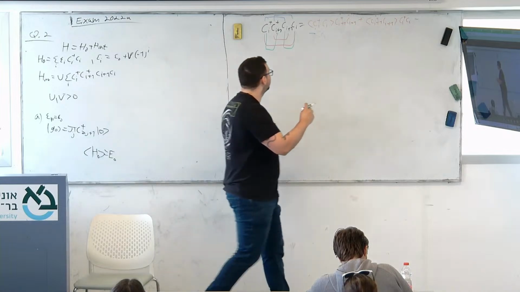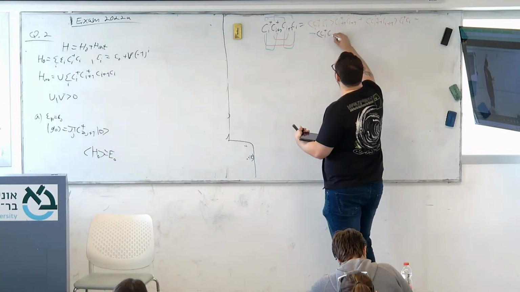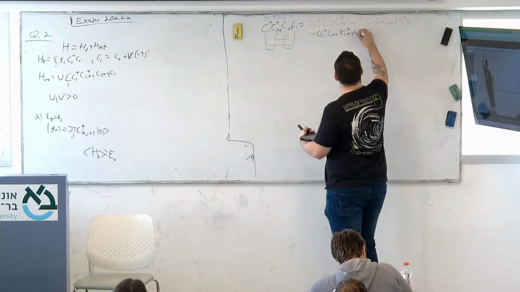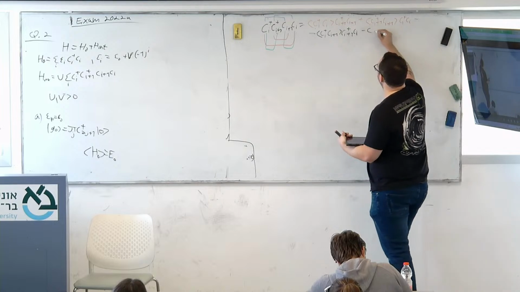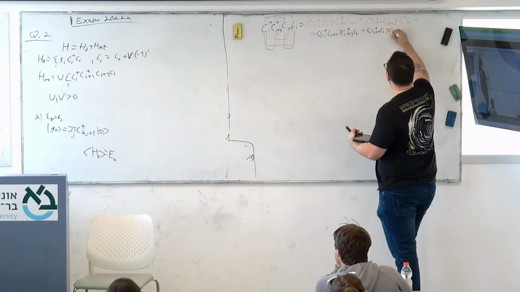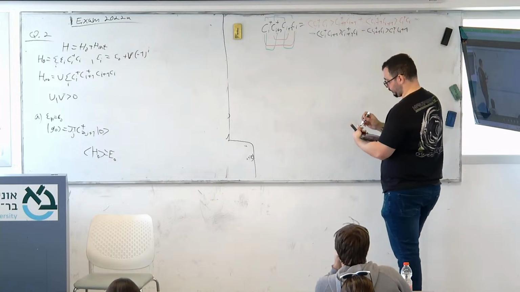You will imagine. Alright. Minus Ci dagger, Ci plus 1, Ci plus 1 dagger, Ci, minus Ci plus 1 dagger, Ci dagger, Ci plus 1. Alright.